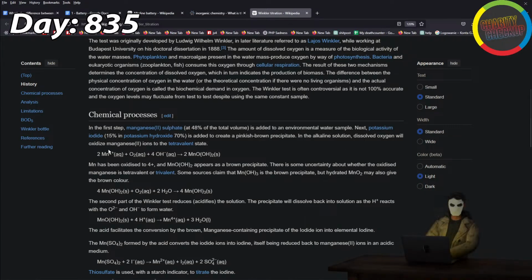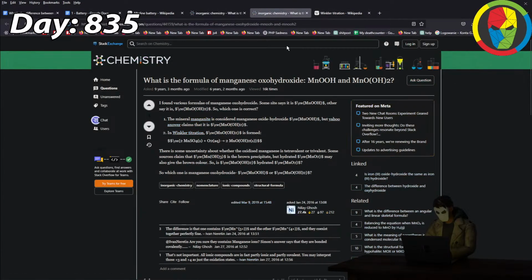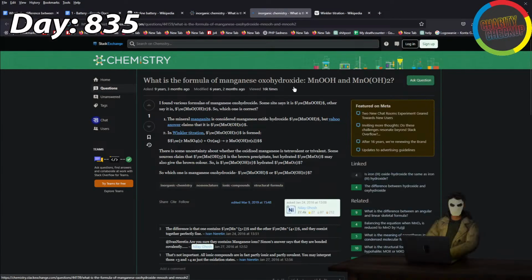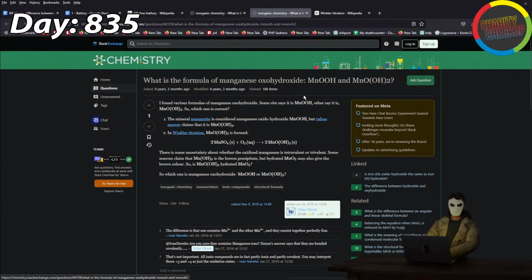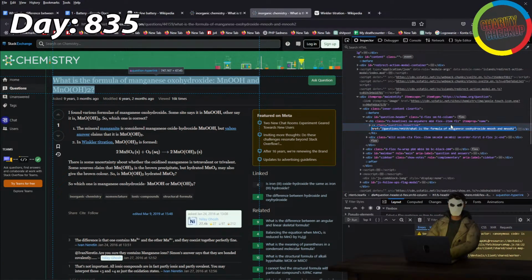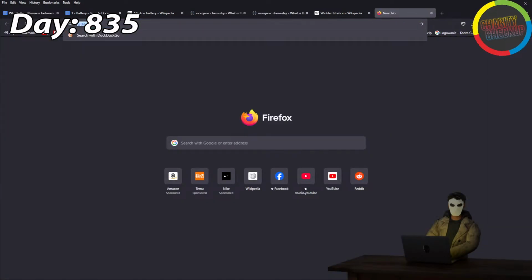Oxidize manganese ions to trivalent states. Why is this a link? I want to copy that word. You suck so much. I want to copy that word. Oxohydroxide makes sense because oxo is oxygen and hydroxide.